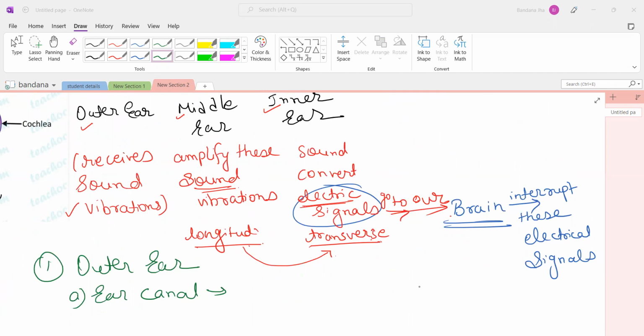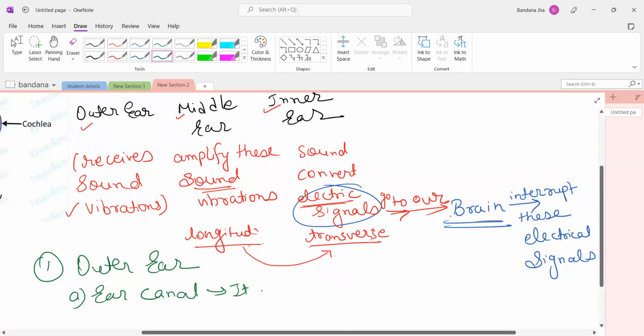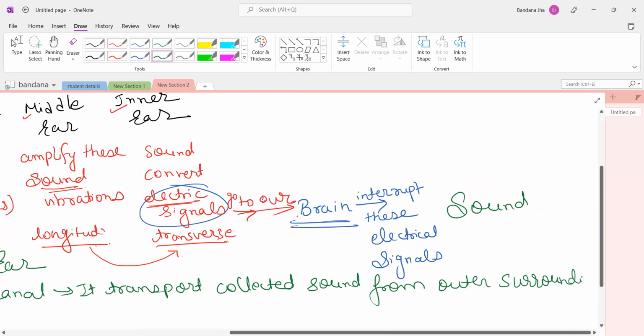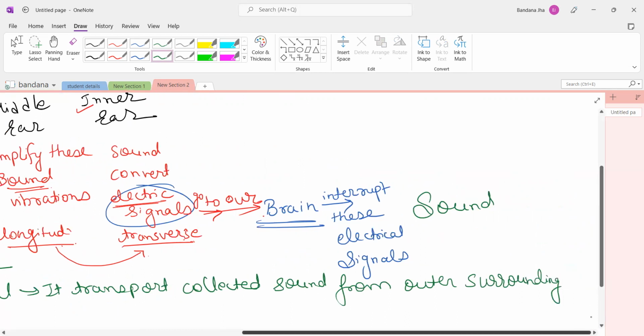Correct? It transports the collected sound from the outer surroundings to my eardrum.